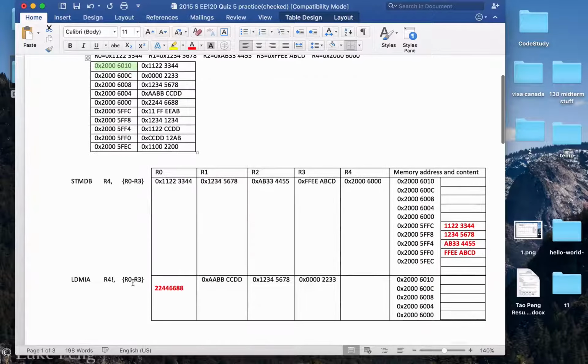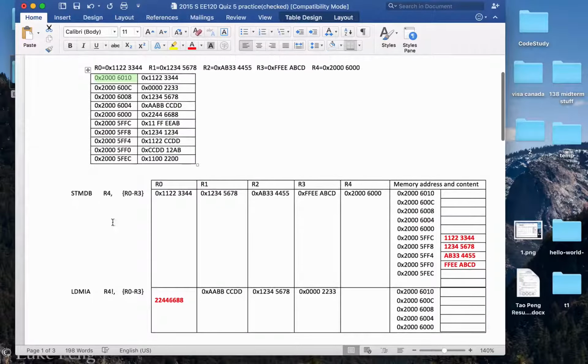2006010, and I have a write back, which means I have to write the current pointer back to my R4. So my R4 also changes to 20006010. Why is this all changed?